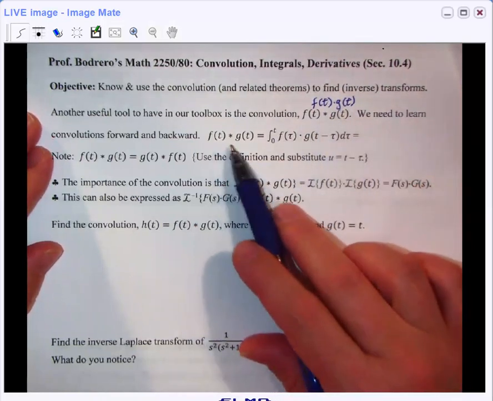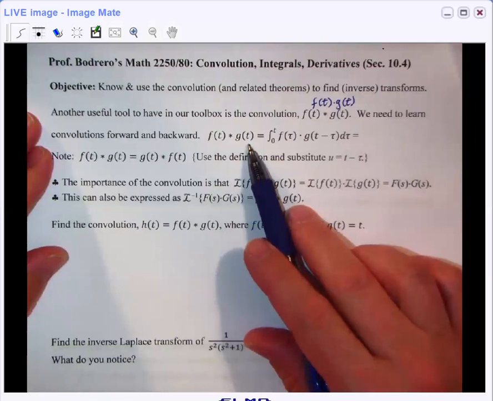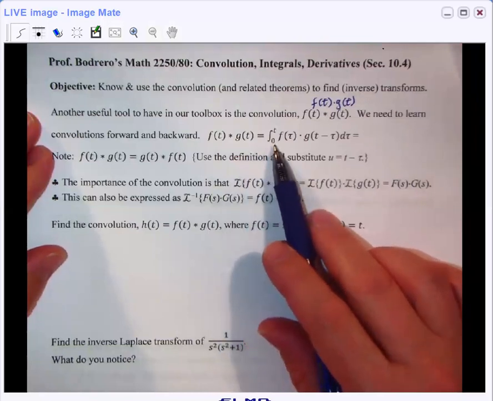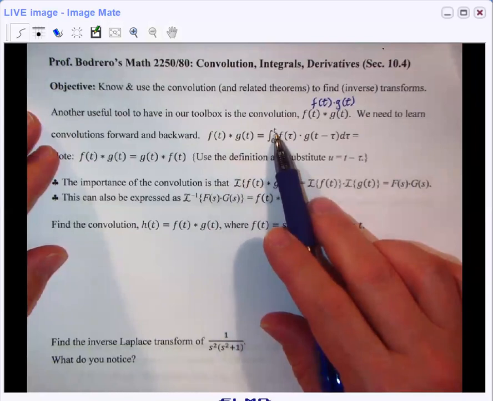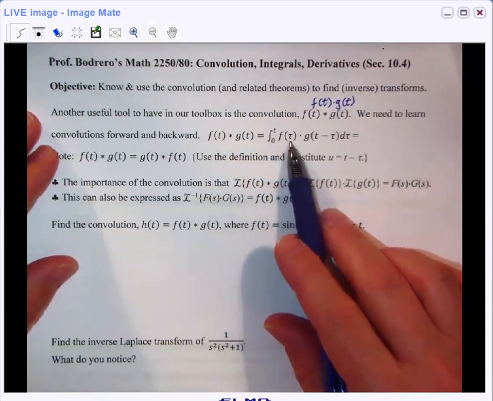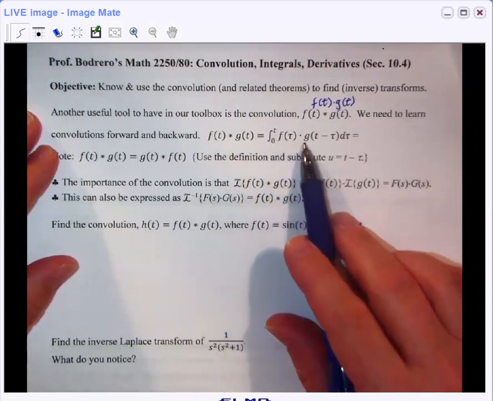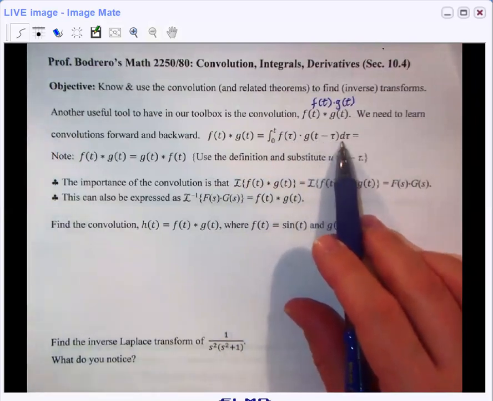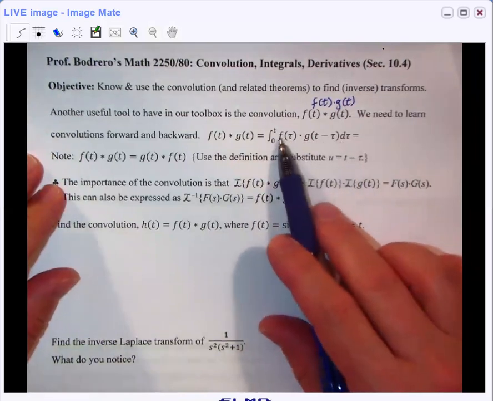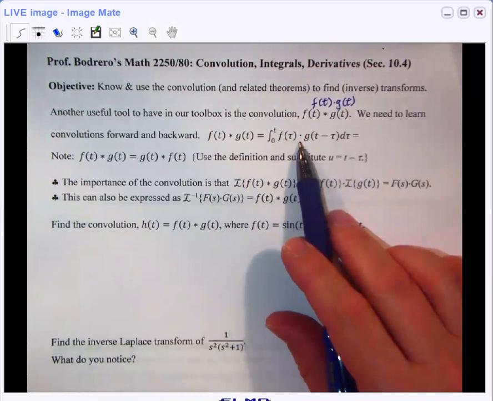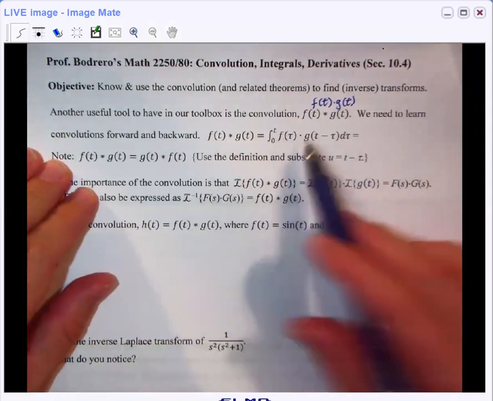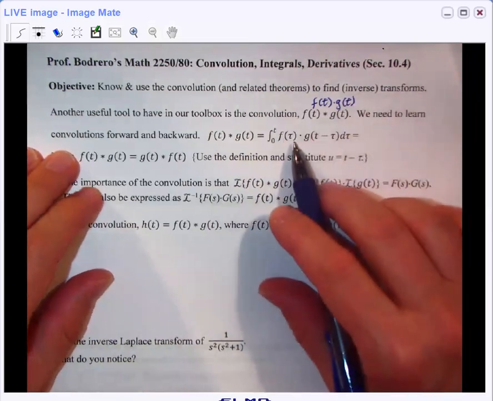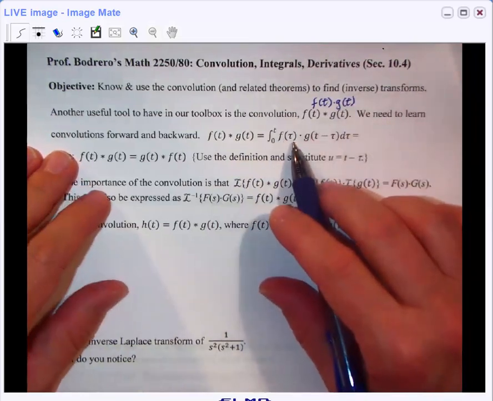So f of t convolute g of t is defined to be an integral from 0 to t of f of tau times g of t minus tau d tau. My t's and my taus, when I write them, look so much alike, probably because tau is the precursor to our letter t. But just like we talked about a couple minutes ago, you can use a dummy variable.